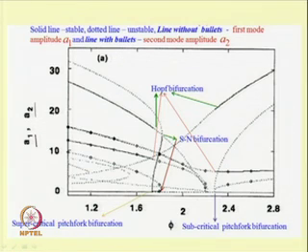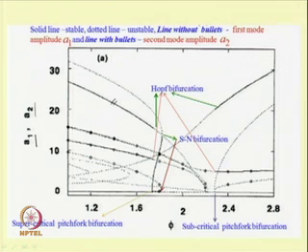A1 is shown with the line with circle marks, and A2 is the line without circle marks. The solid lines are stable branches and the dotted lines are unstable branches. One can observe many bifurcation points in the system.